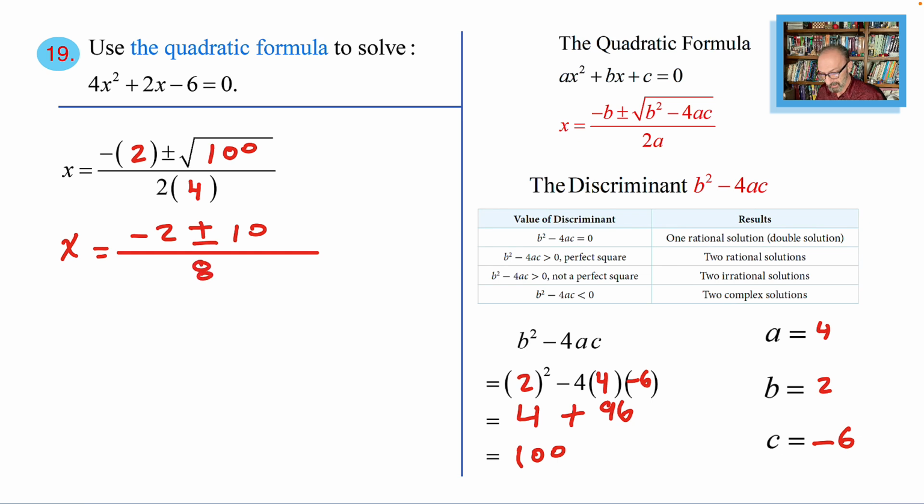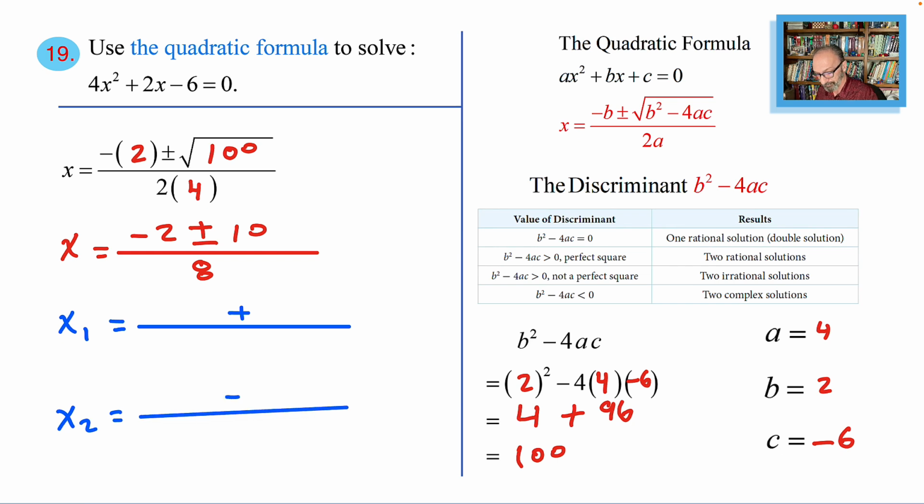We have two options, so x1 equal, we'll take the plus as an option, and x2 equal, we'll take the minus as an option. So minus 2 plus 10 over 8, and minus 2 minus 10 over 8.